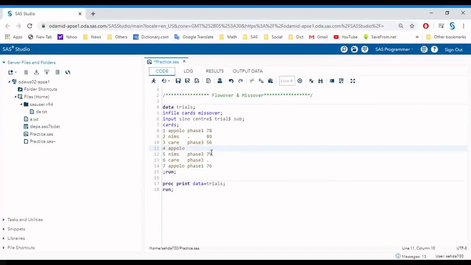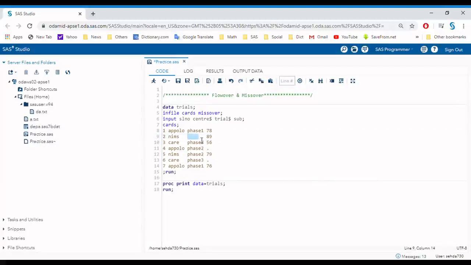So what will happen if something is missing in between? Let's see that. Let's keep it as it was earlier. Let's say in the second observation, this variable, the middle variable, center, is missing.